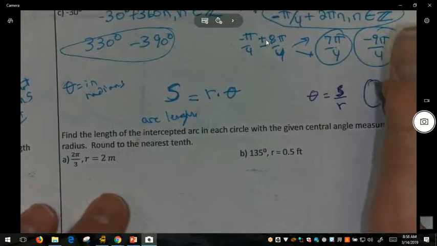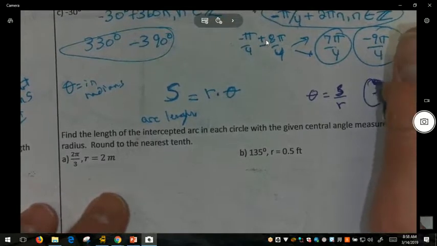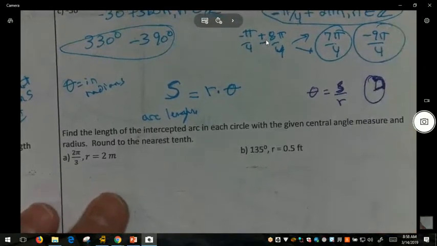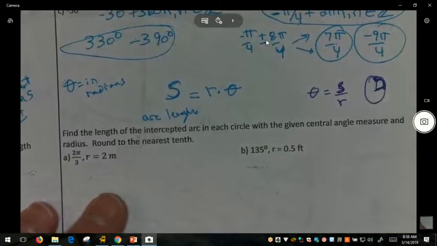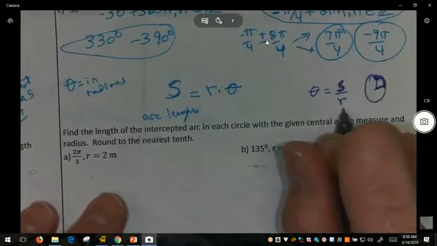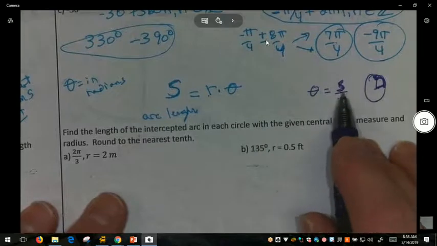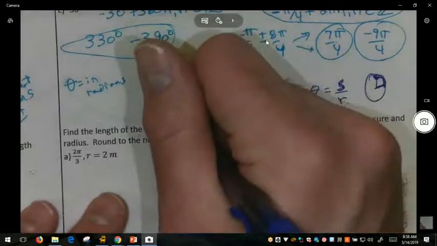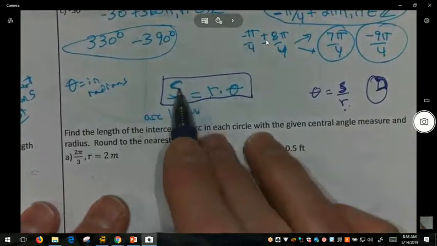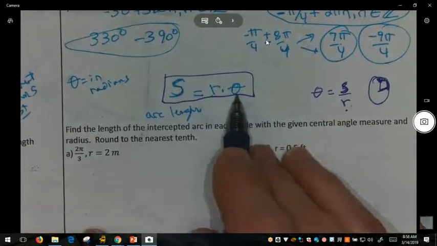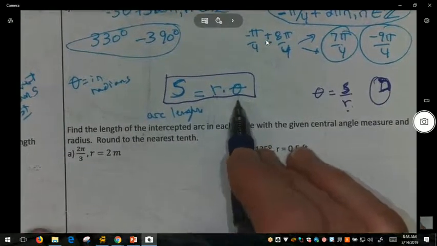We talked about this on the front page. It's that little arc length divided by the radius. It's a fraction where r is the denominator. If you multiply by r, you're going to get the arc length right back. So arc length is the radius times the angle, but the angle must be in radians or it doesn't work.